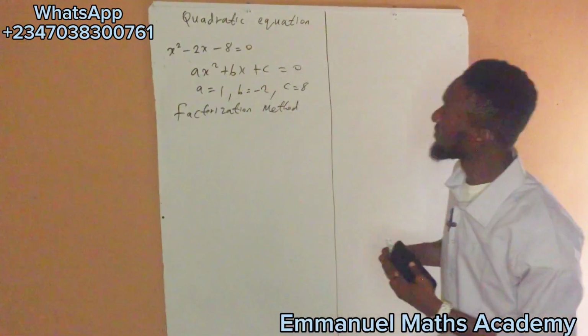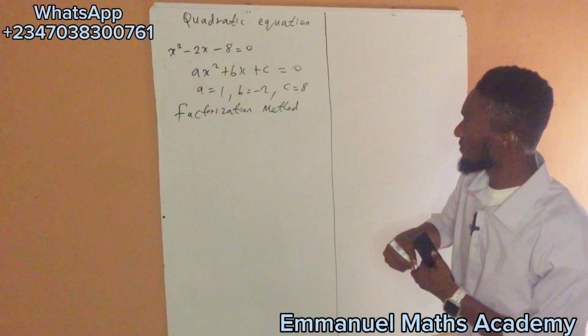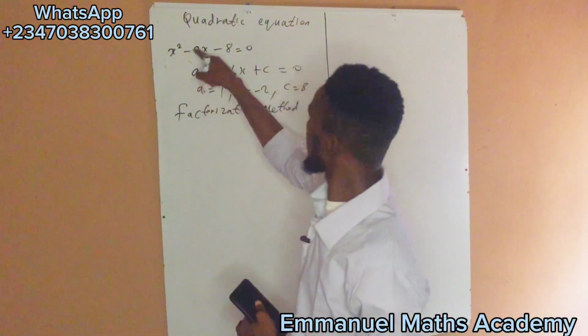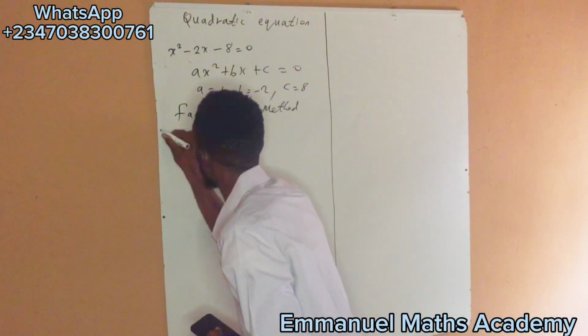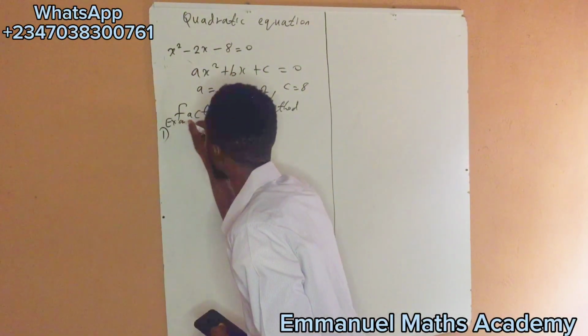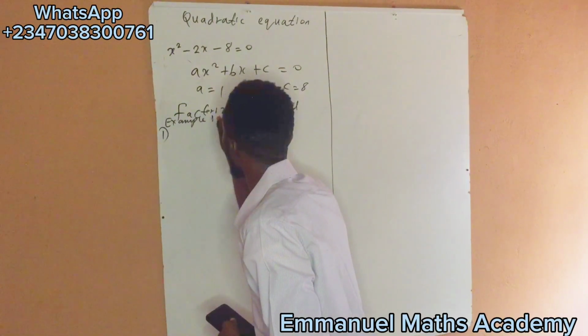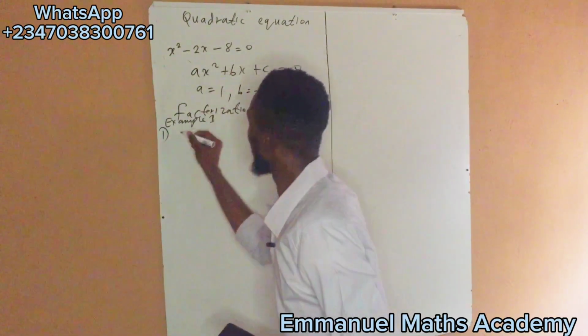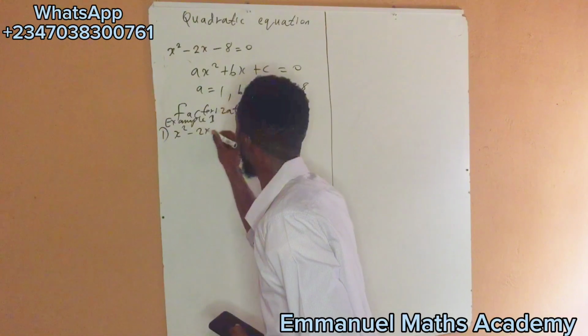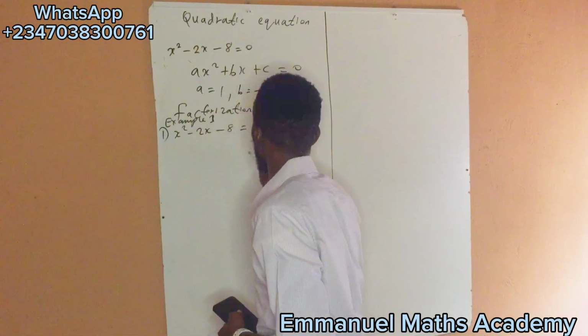So, example. Let's use this to solve the first example. Example 1. x squared minus 2x minus 8 equal to 0.